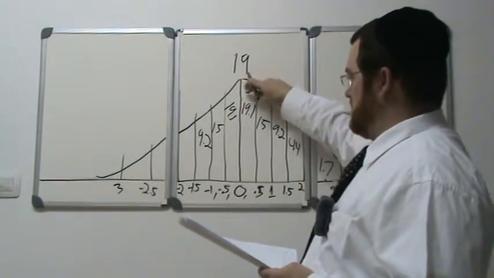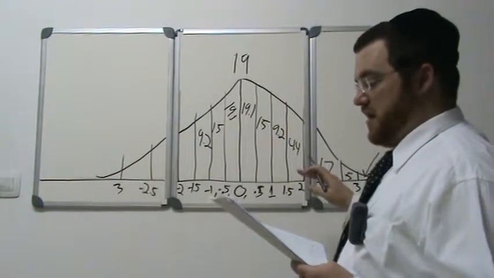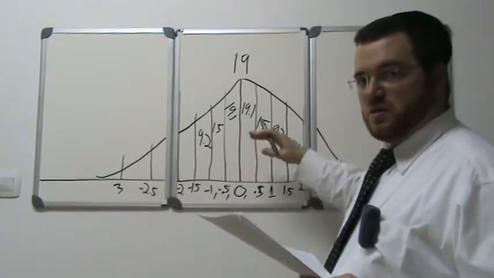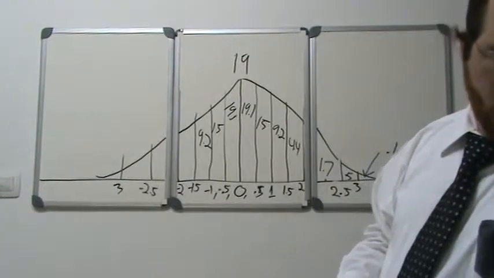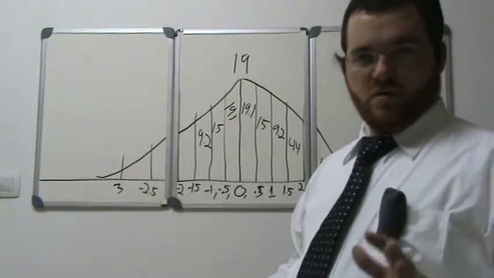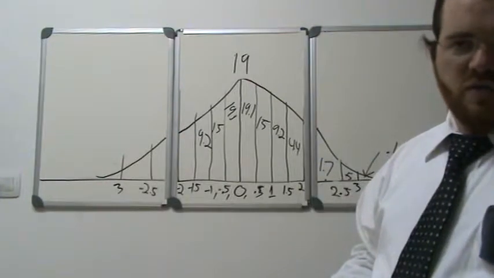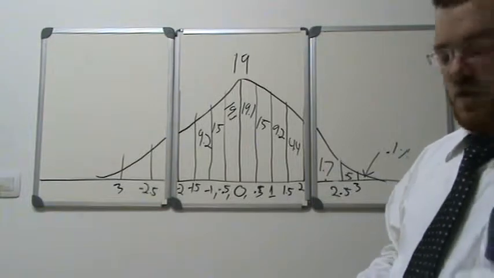Because it's normally distributed, the graph is distributed in this type of graph. If you look on the sheet that you're given with all the formulas, you have a normal curve of standard deviation.